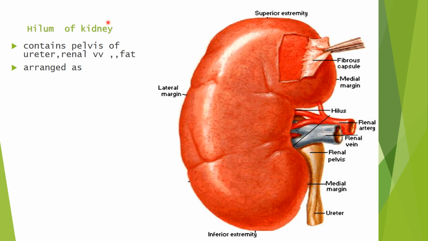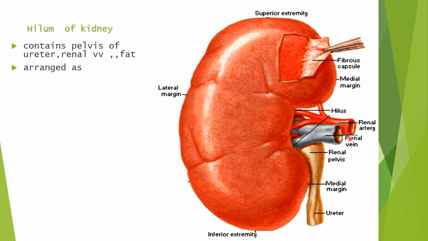Hilum of the kidney. The kidney has the hilum on its medial border, which contains the important structures that pass to the kidney or out of the kidney.